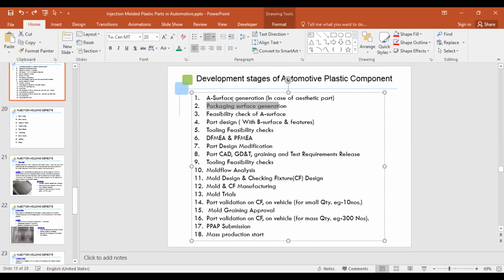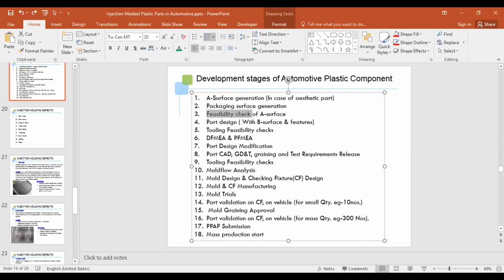Packaging means that after generation of the A surface, they will check that the component surface can be put inside the vehicle. That is called the checking of packaging. The third one is the feasibility check of the A surface. This A surface will be sent to the tooling guys, and they will check whether this is toolable or not.